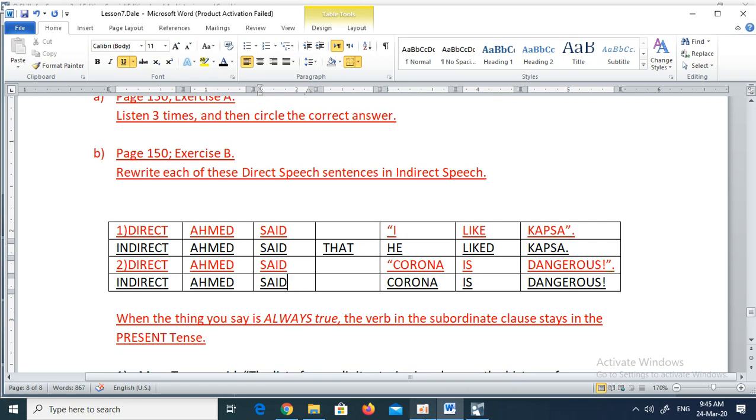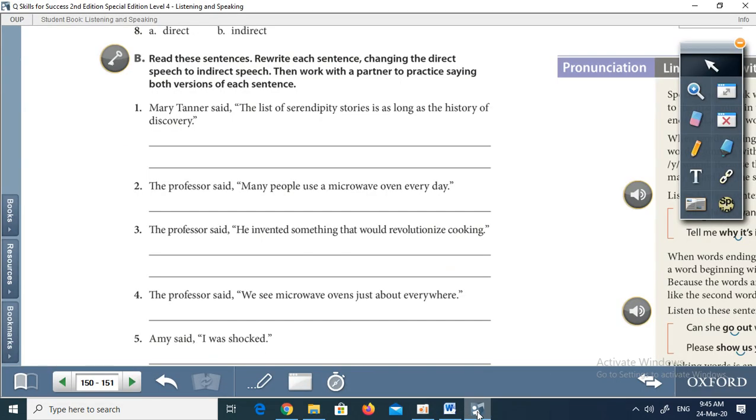All right. If you look at your books, the first example is Mary Tanner said, and then her exact words in direct speech. "The list of serendipity stories is as long as the history of discovery." That is her direct speech.